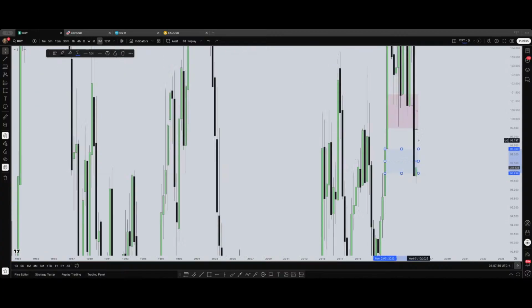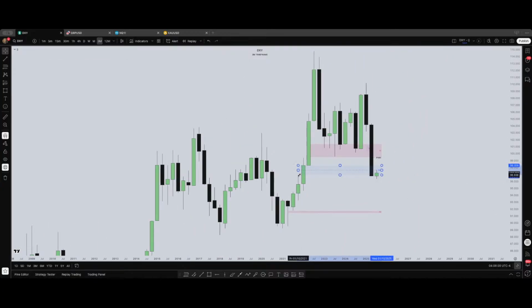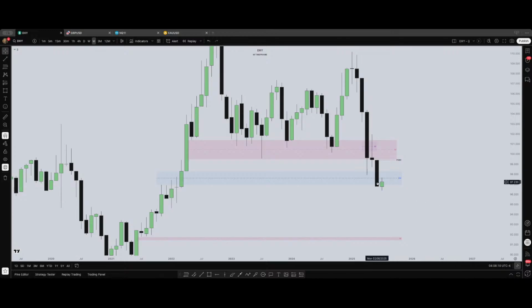This is a quarterly fair value gap, as you can see here. Look how price reacted at the midpoint, or consequent encroachment. This is the monthly time frame.